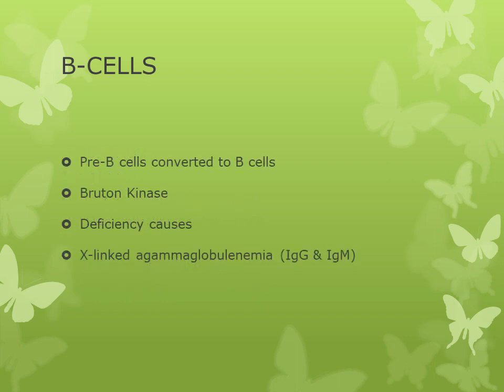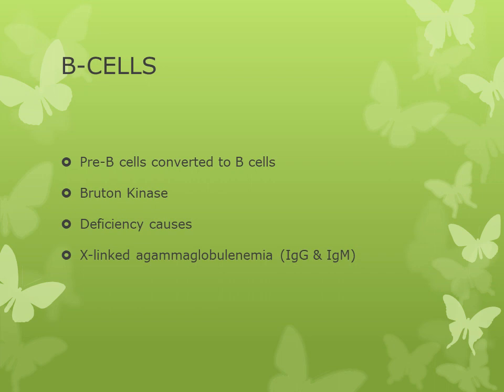One important point to be added for maturation is that when the pre-B cells are converted into B cells, an enzyme called Bruton kinase, or Bruton's tyrosine kinase, is required. This Bruton kinase converts pre-B cells into B cells. So when there is deficiency of this Bruton kinase, pre-B cells will not be converted into activated B cells, and ultimately no plasma cells will be generated.